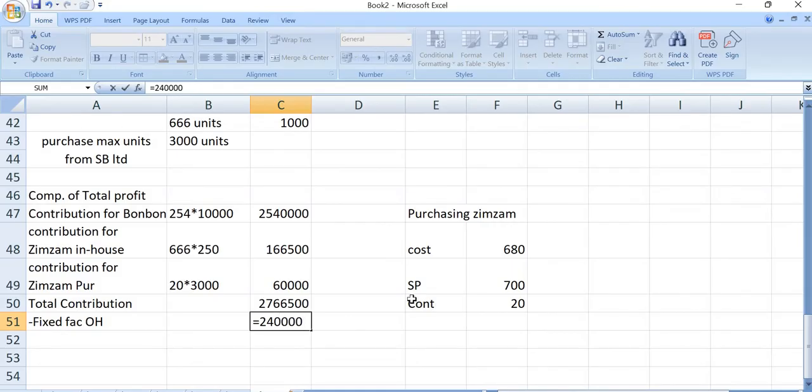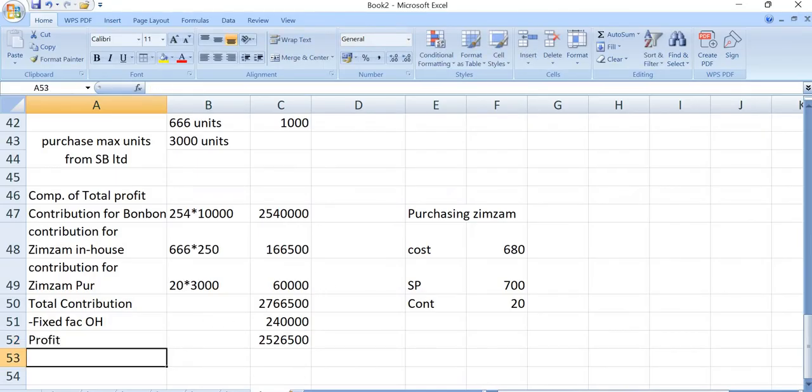So many people will make a mistake here. They will be reducing 2,40,000 for bond one separately, and again 2,40,000 for Zimzam separately for in-house. So they will incur a loss. But remember, we need to reduce only once because this is an overall factory cost. So we will be getting a profit of 25,26,500 as profit.